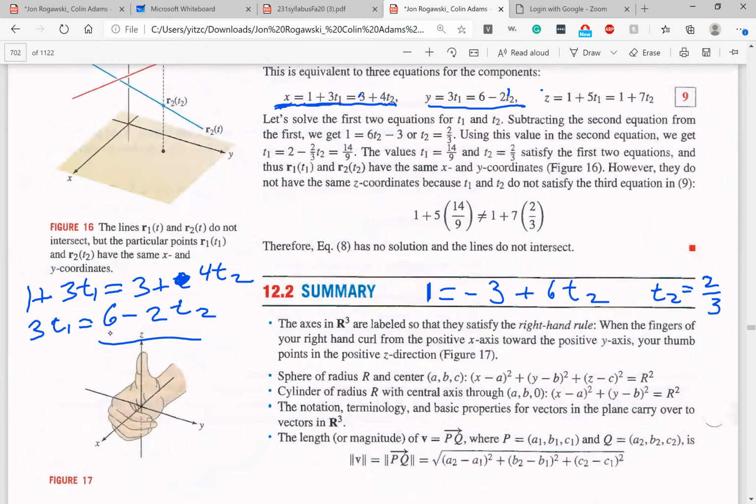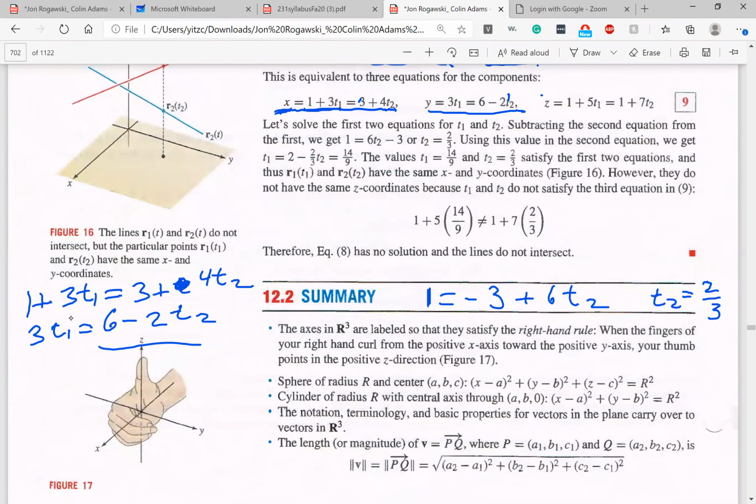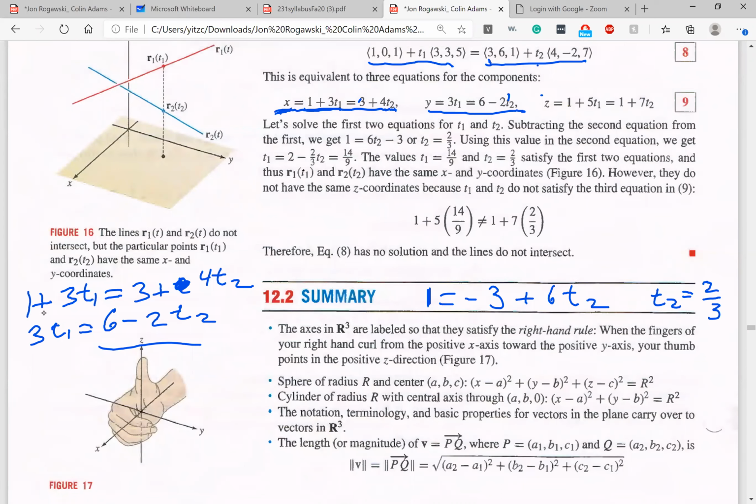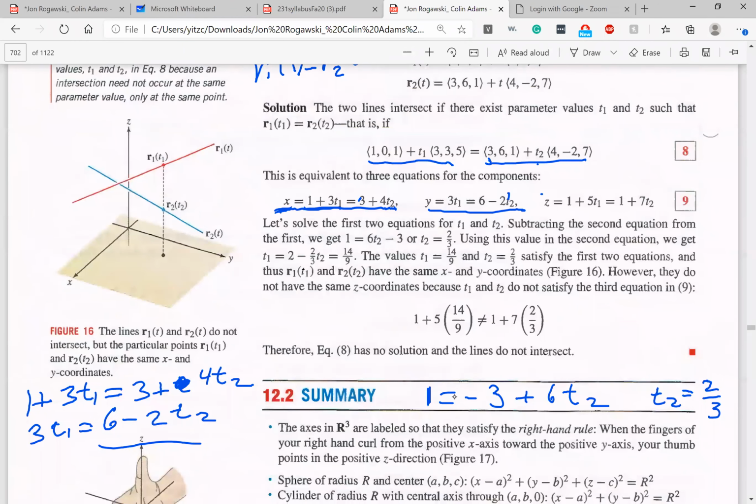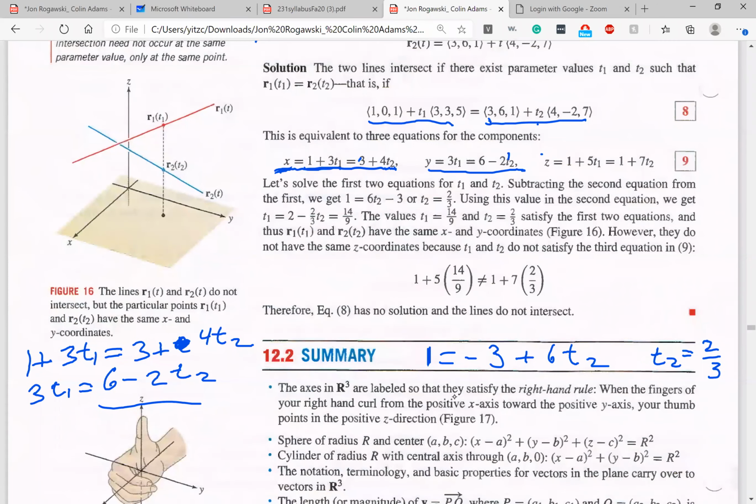And then this equation gave me this line, 1 plus 3t1 is equal to 3 plus 4t2. And then you subtract this from this to solve for your t1 and your t2. So your 3t1 and your 3t1 cancel, and you get 1. So did that answer the question? Yeah, that's perfect. Thank you.